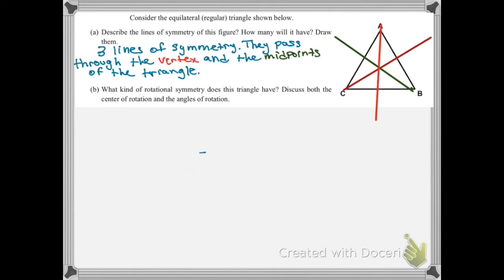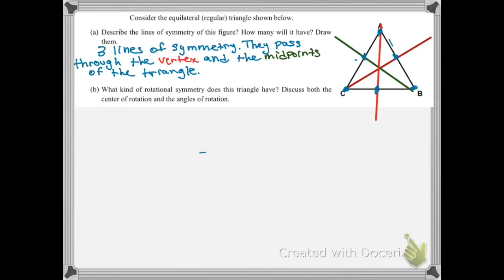I can see another one here. And yet one more line. So we have 3 lines of symmetry, and they pass through the vertices, right? These are the vertices of the triangle, 3 of them. They pass through the vertices and the midpoints of the triangle. And here is the midpoint there, the midpoint here, and the midpoint there, okay? So if I reflect through any of these lines, I will get the exact same triangle.